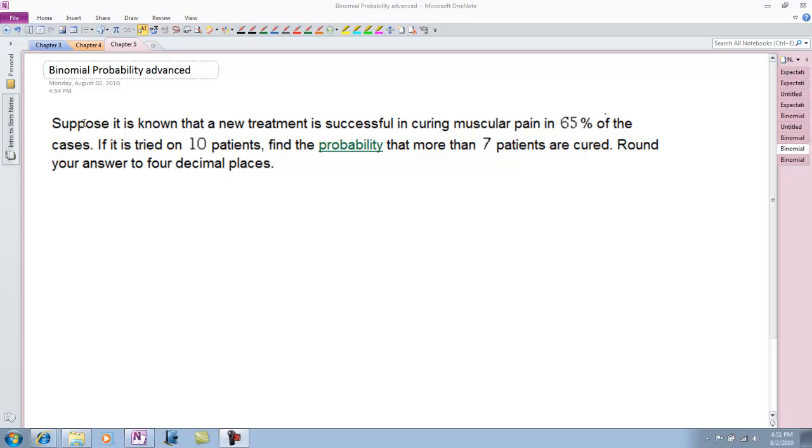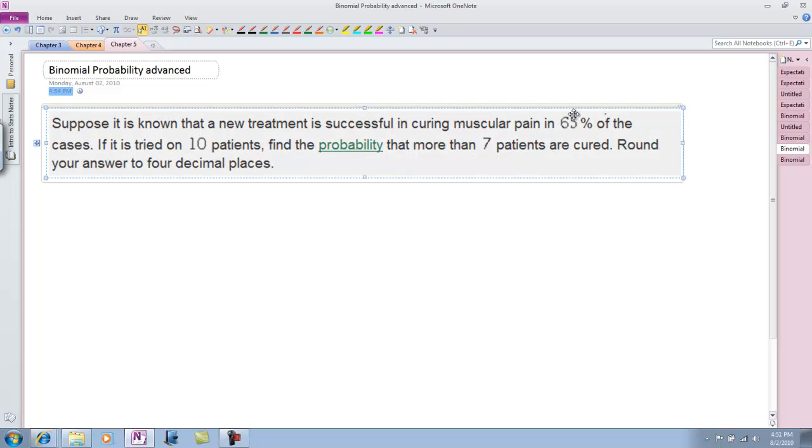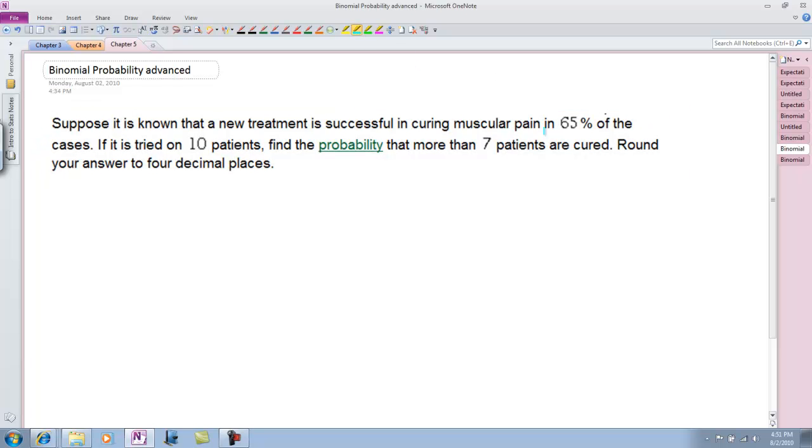First example. Suppose it is known that a new treatment is successful in curing muscular pain in 65% of cases. So because it's successful in 65% of cases, that chance of success, 65%, is the P. If it is tried on 10 patients, find the probability that more than 7 patients are cured.